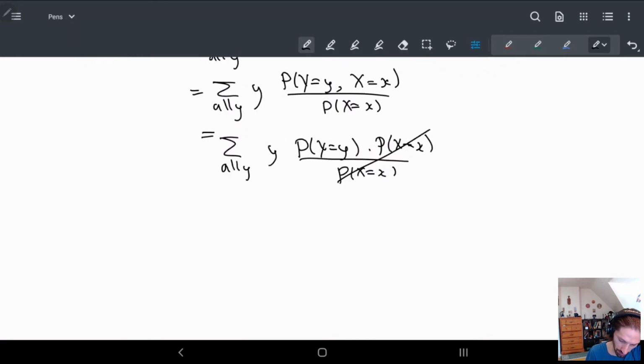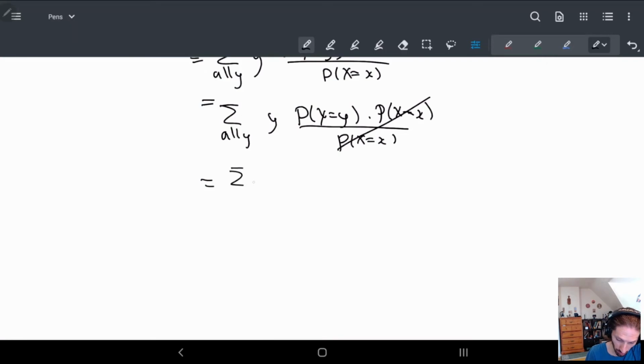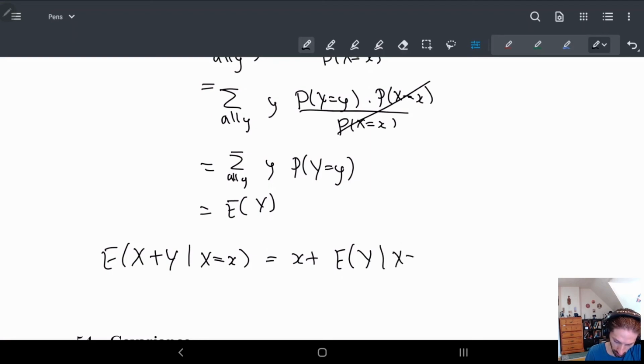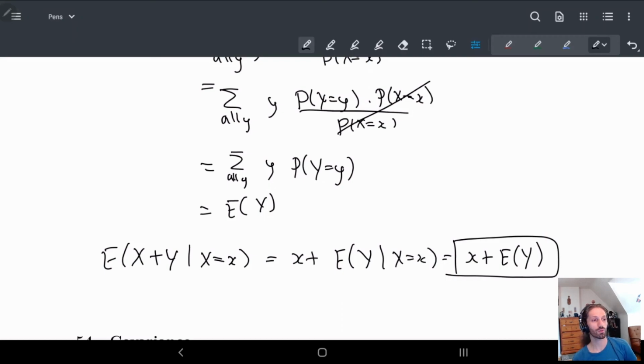These cancel, and I'm left with the sum over all y of y P of Y equals y. This is literally just the definition of E of Y. So we showed what we wanted to show, that these are the same. In other words, the expected value of X plus Y given X equals x is just x plus the expected value of Y given X equals x, which is just x plus the expected value of Y.